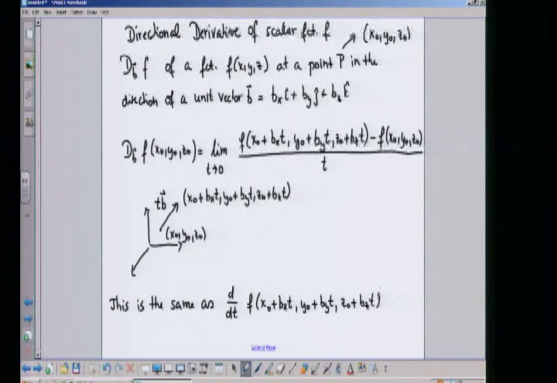This is just the derivative of this. It's just the differential quotient that you would write down if you write down a derivative, okay?